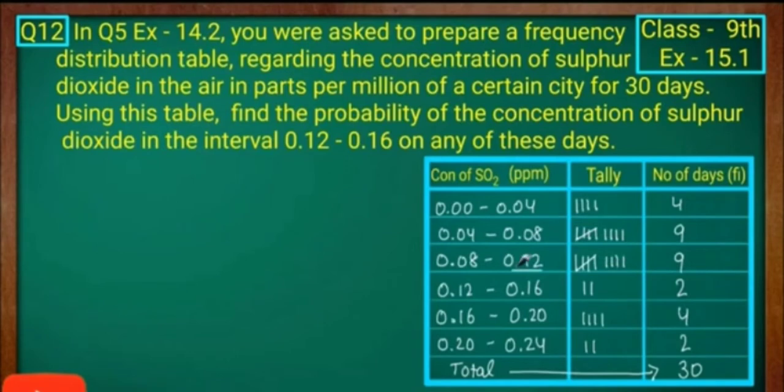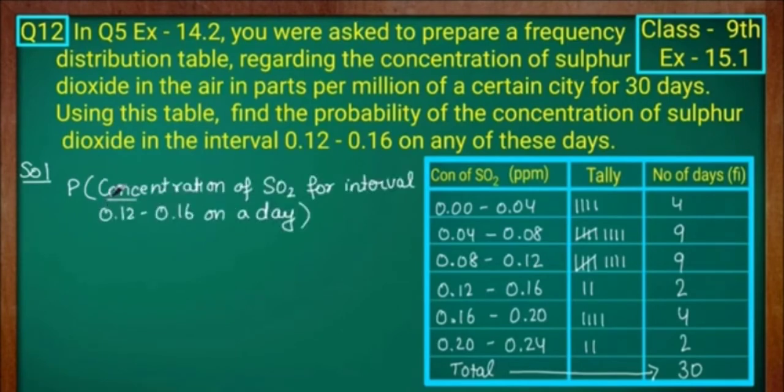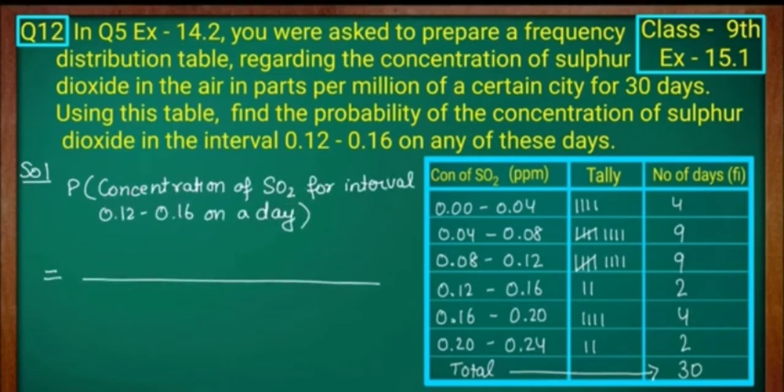You can see the concentration of sulfur dioxide from that number of days. We want the condition 0.12 to 0.16: the probability of the concentration of sulfur dioxide in the interval 0.12 to 0.16 on a day.